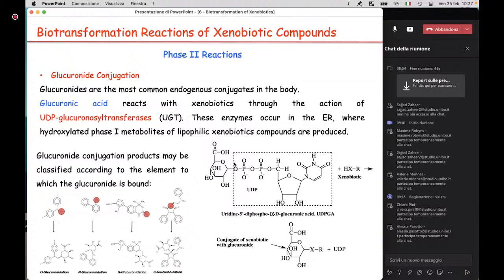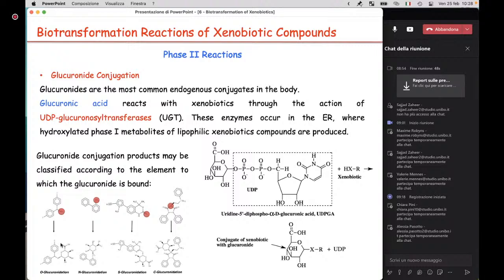And in this way, the glucuronic acid molecule is ready to react, because breaking down this bond releases a lot of energy, and so this energy can be used to form a new bond with the target molecule, with the toxicant we are considering in this moment.